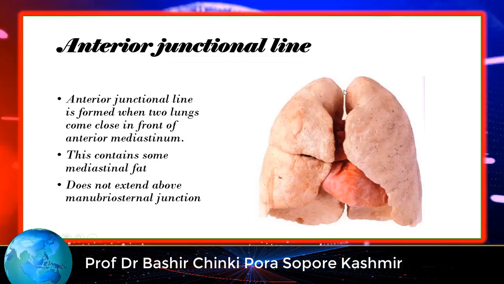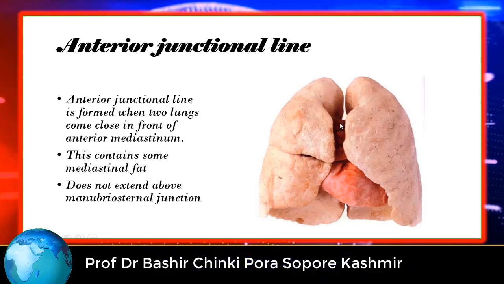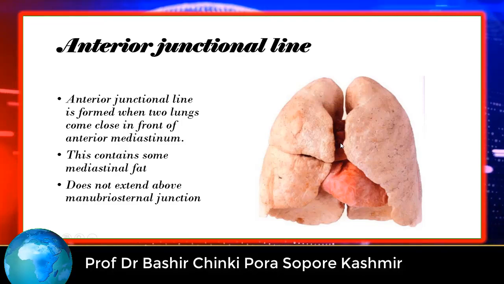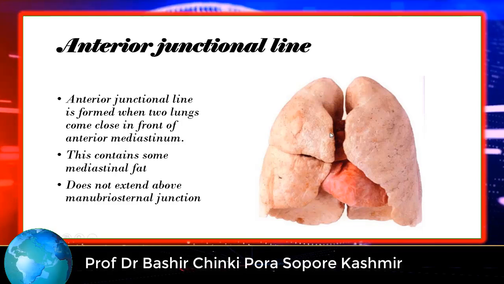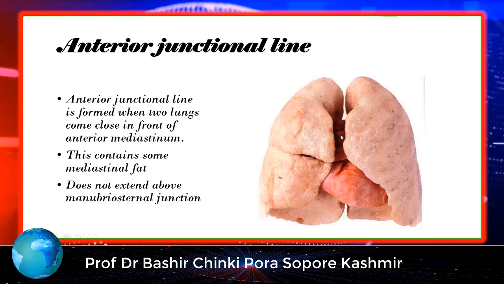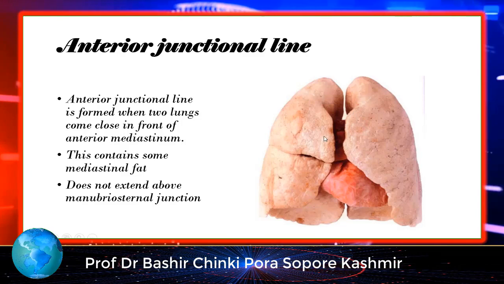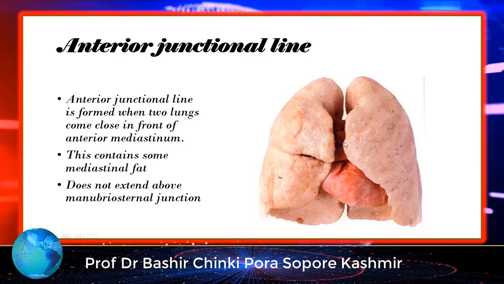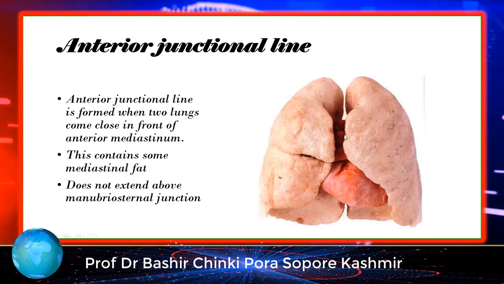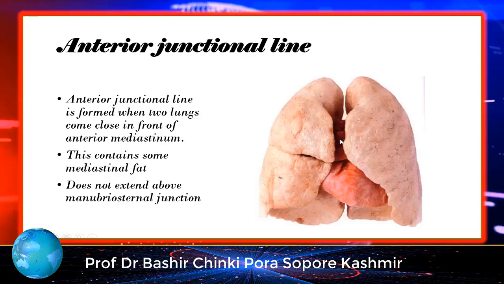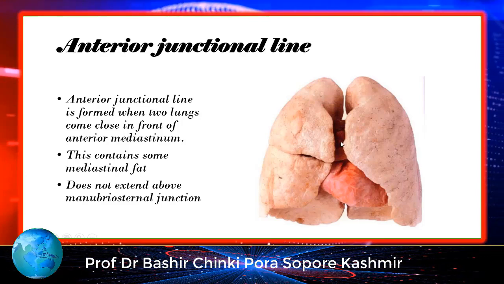This part which you see here is the anterior junctional line. This anterior junctional line is formed when two lungs come close in front of the anterior mediastinum. So you can see here the two edges of the upper lobes come in contact with each other anteriorly, leaving an intervening area in between.